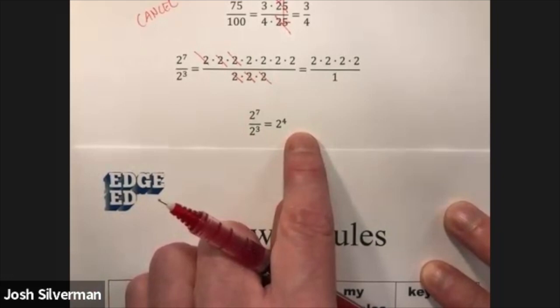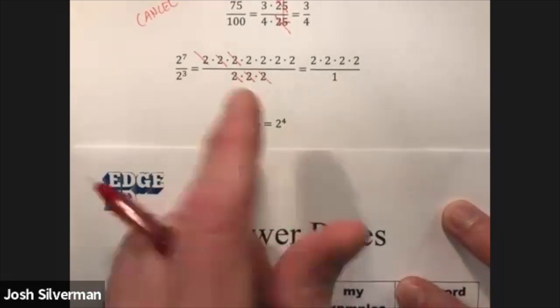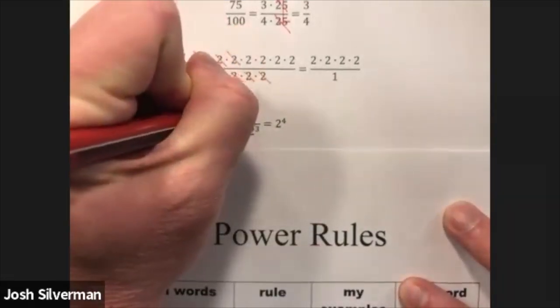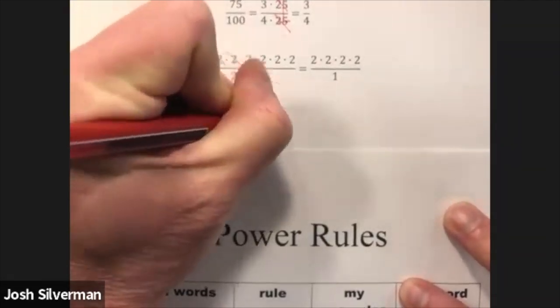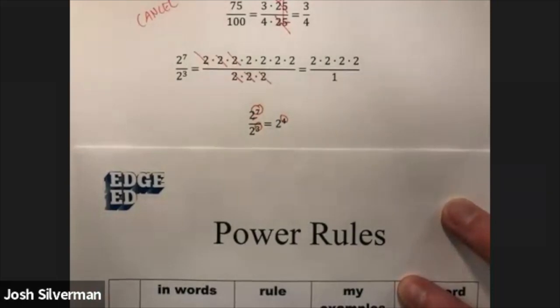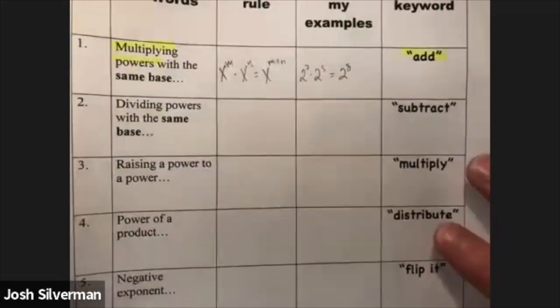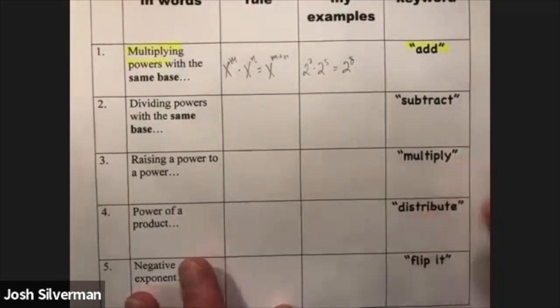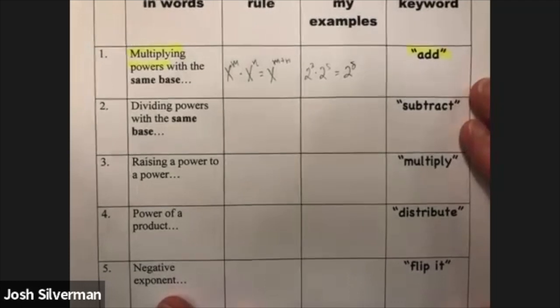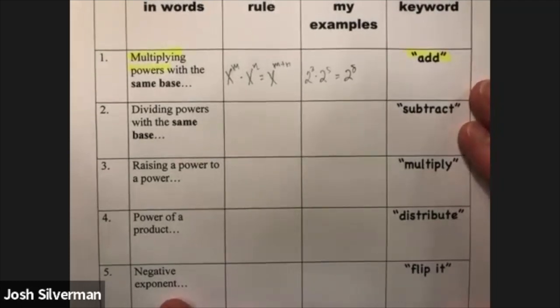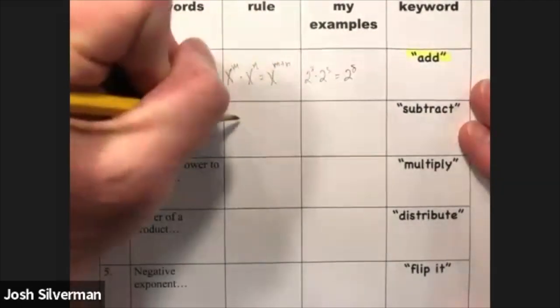What is the rule? Well, this time it's going to be the top exponent minus the bottom exponent. When you are dividing powers with the same base, you will subtract the exponents. Subtract the exponents, keep the base the same.